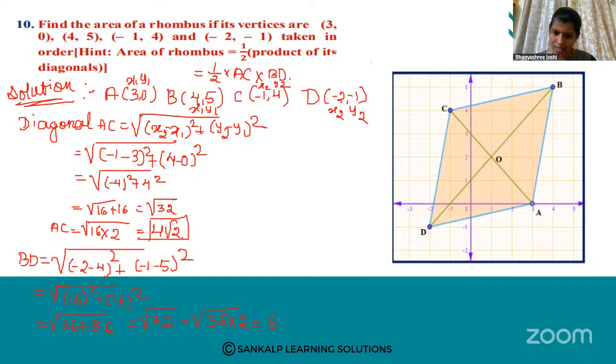So it becomes 6√2, right? When we take 36 out of the root, the square root is 6. So 6√2 is the value of BD. Now what is the next work? Find out the area of the rhombus. Area of the rhombus.